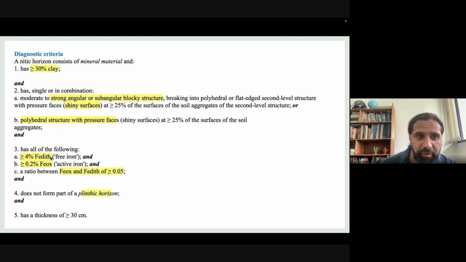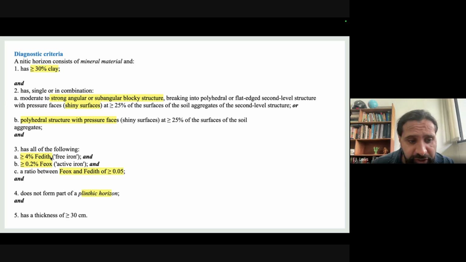You should remember in this case that, for example, we can combine plinthic horizons and argic horizons. So if you find some shiny surfaces and some concretions or nodules, no problem to combine plinthic and argic, but we cannot combine nitic and plinthic horizons, okay?